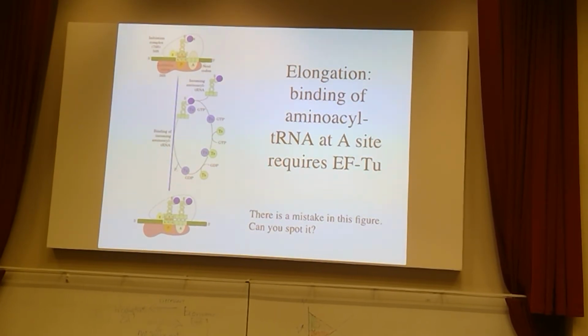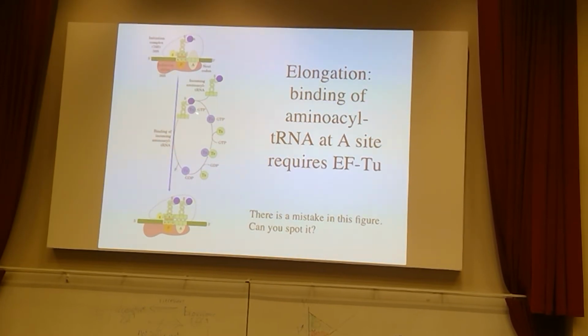There's a mistake in this figure that comes from a previous textbook. I'm going to let you guys look at it and figure it out, unless anybody sees it. It's a little subtle, but once you see it, it'll be obvious. What? Is that GTP supposed to be GDP? When the Ts binds to the Tu, right before that?